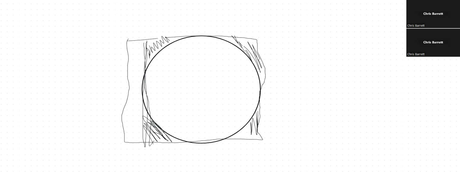The first one is the area of a square, but you also have the area of a circle. If we do the area of a square, subtract the area of a circle, that would tell you what those shaded parts are worth around the outside, because it would effectively cut out the circle and just leave you with those scraggy bits around the side.